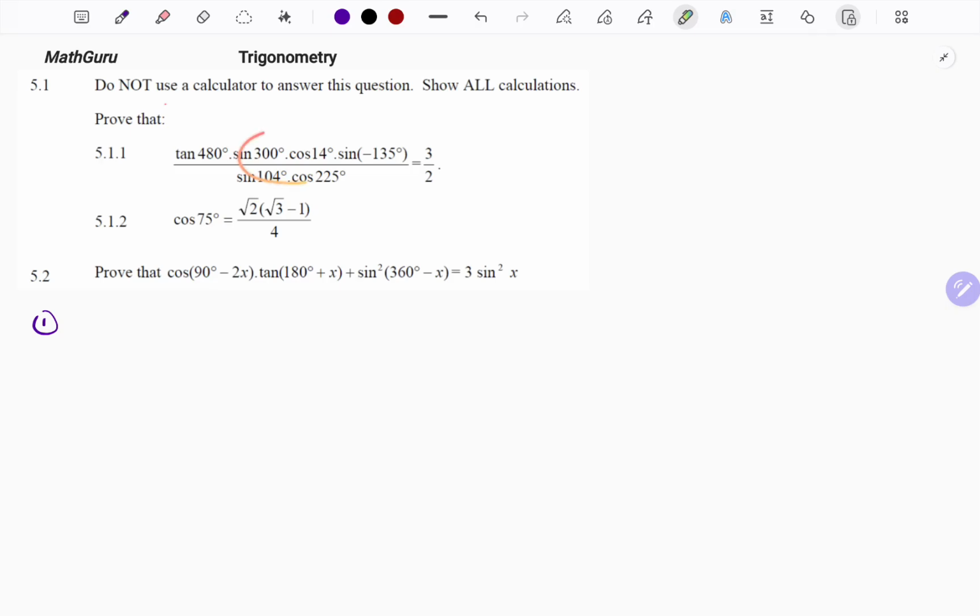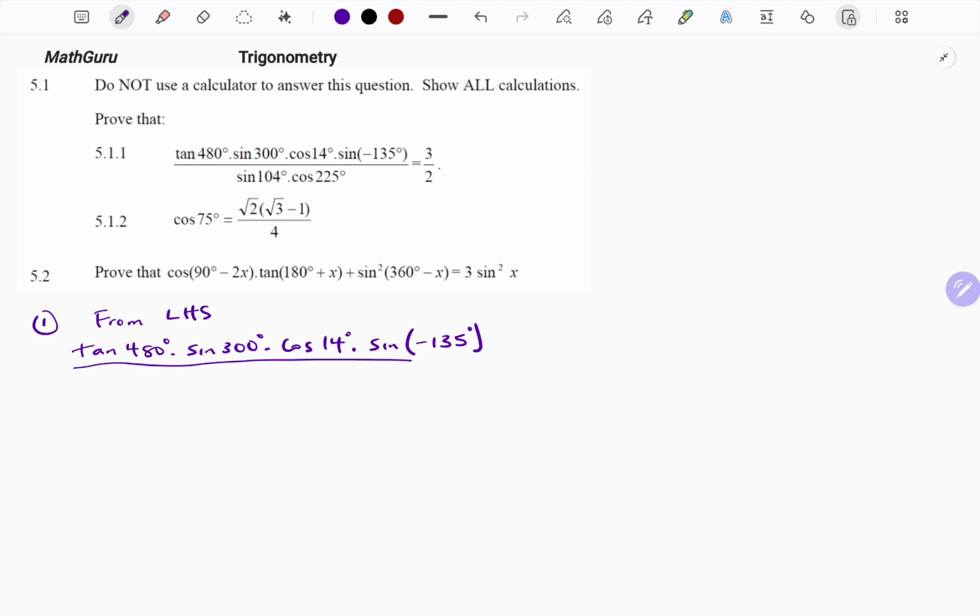To prove, we have a left-hand side and a right-hand side. I'm going to prove from the complex side, which is the left-hand side. So I have from the left-hand side, tan of 480 degrees multiplying the sine of 300 degrees multiplying the cosine of 14 degrees multiplying the sine of negative angle 135 divided by the sine of 104 degrees multiplying the cosine of 225 degrees.